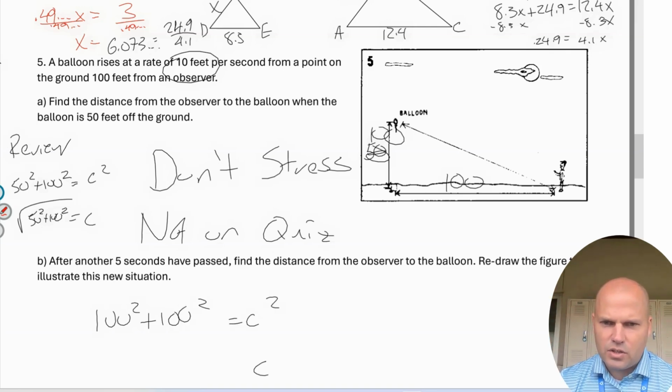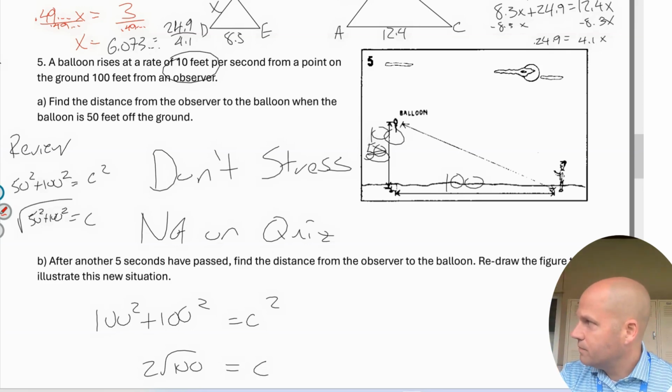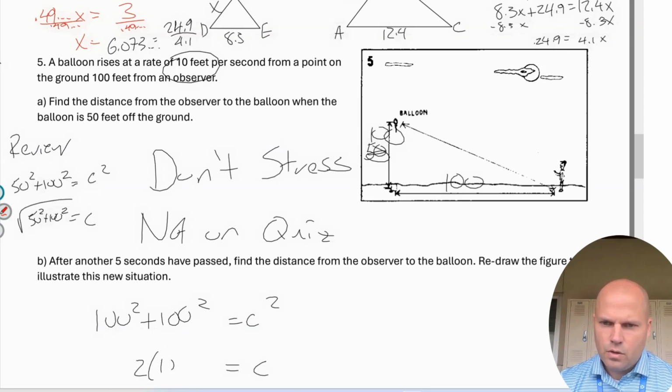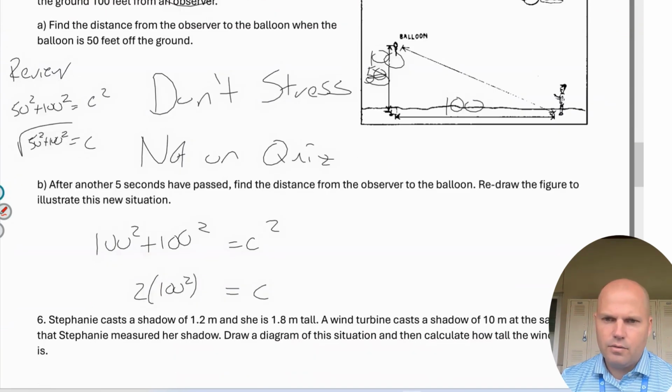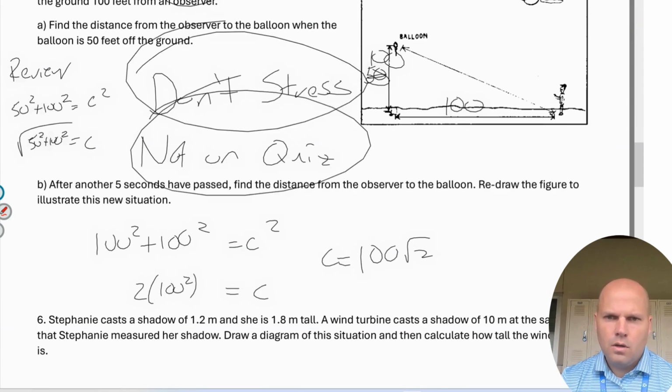And then c is going to be 100 root 2, because you have 100 squared, and if you square root, you get 100. Again, not important. Just review.